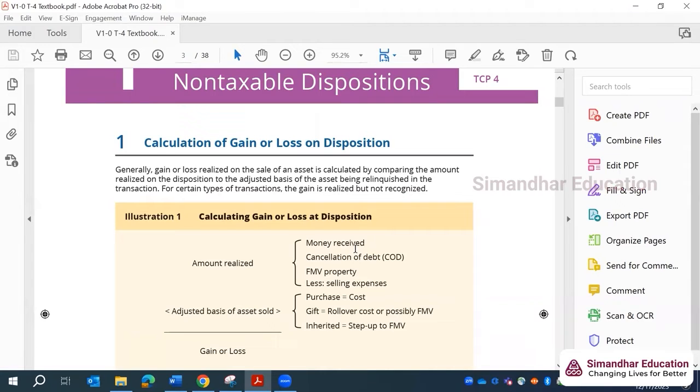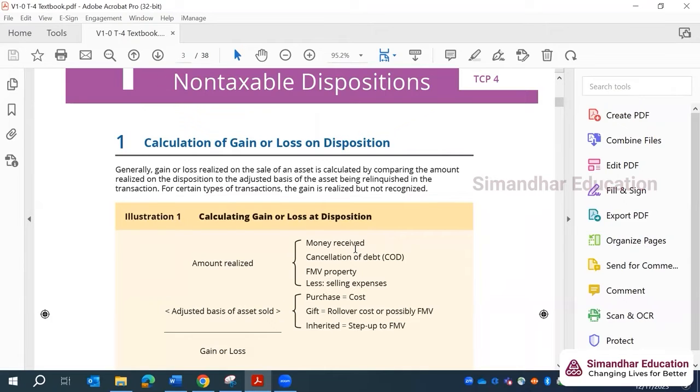One is gain being deferred. Deferred means that you do not recognize or pay taxes on that gain today, but you do it in the future. And the other terminology is that you exclude the gain. That means you do not pay taxes on the gain that you have reaped out of that transaction.